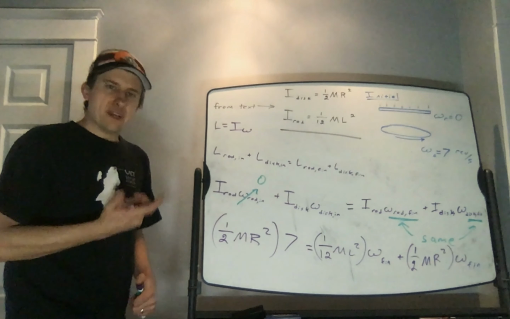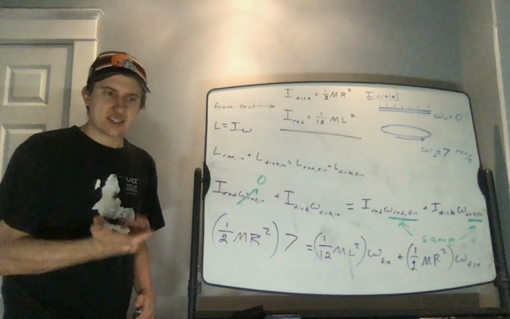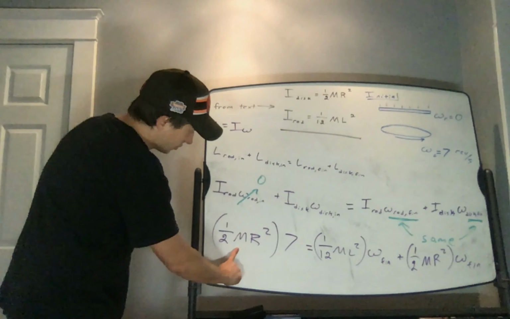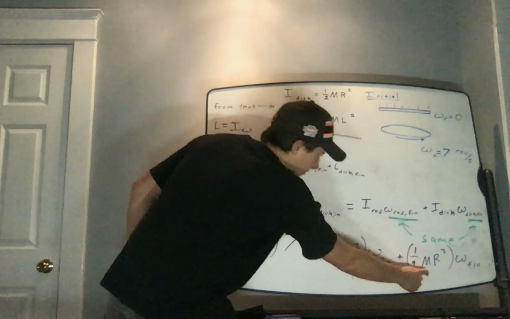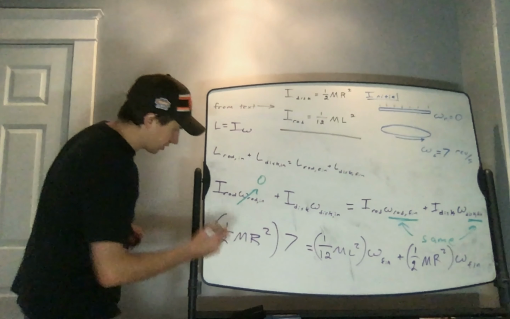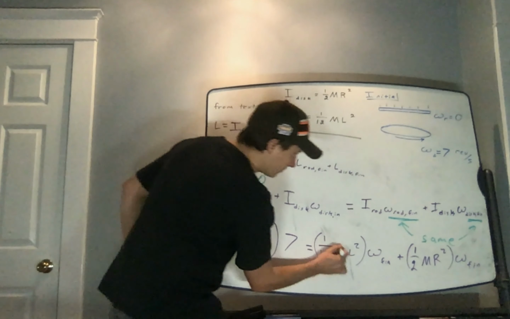I got rid of this term because I'm multiplying by 0 anyway. We were not given the mass of the disk or the rod, but it turns out that's okay because I notice the mass is everywhere in this problem, so I could divide the mass out anyway. So I could get rid of the masses right away.